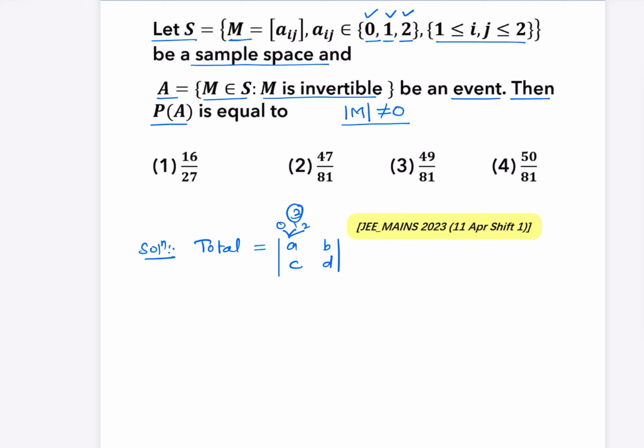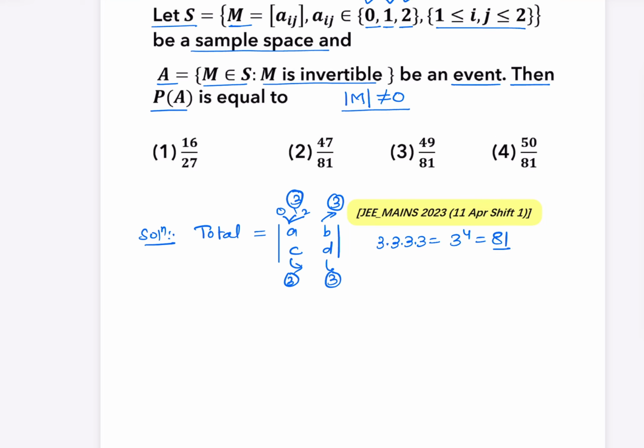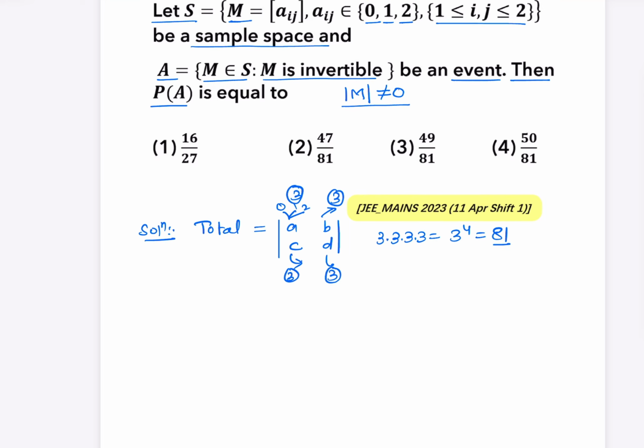So we have three choices for A. Similarly, three choices for B, three choices for C and for D also three choices. So total such matrices are 3 into 3 into 3 into 3, that is 3 power 4, so 81.